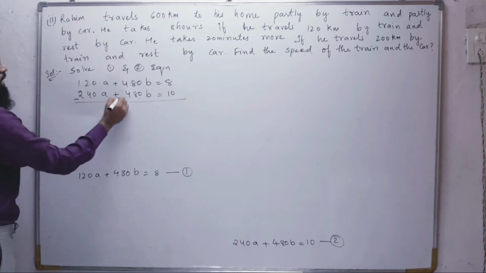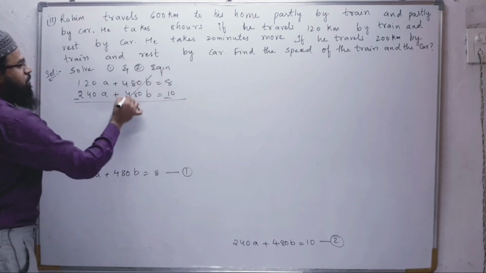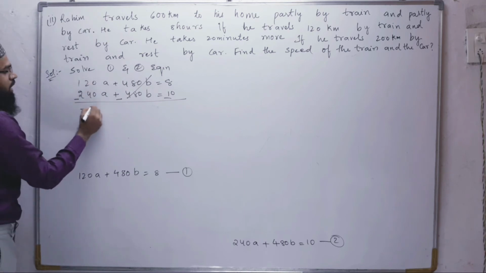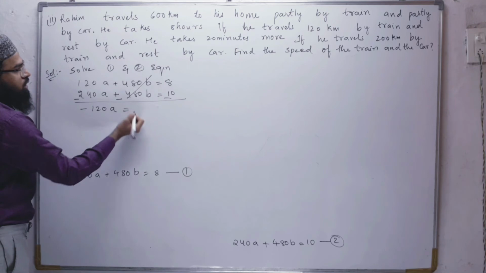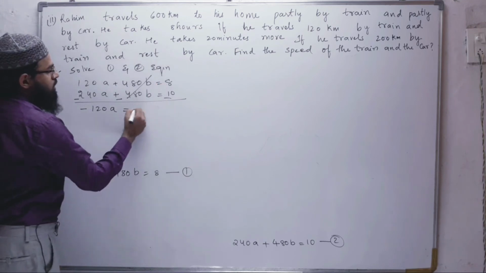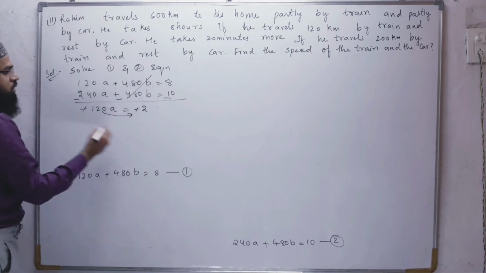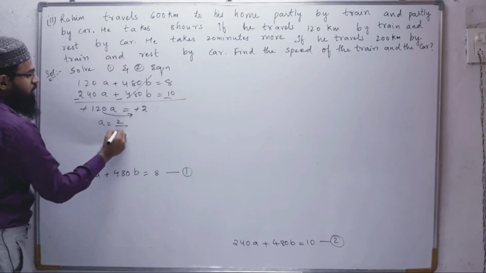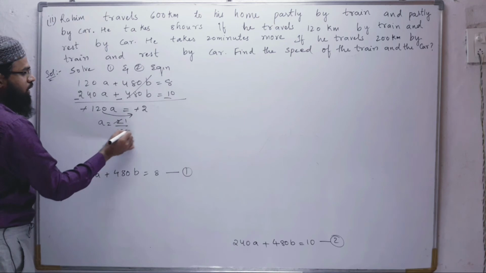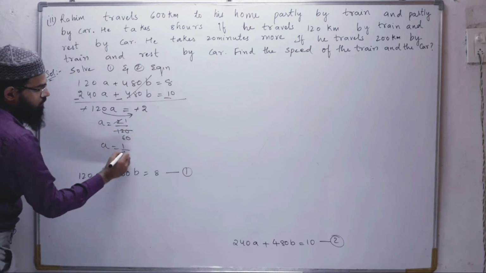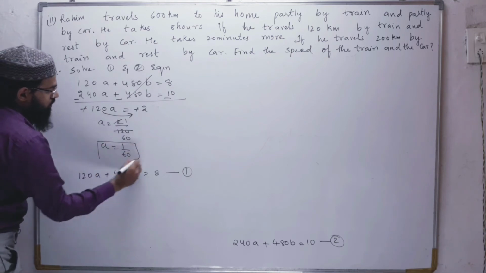Now change the signs: minus, minus, minus. 480b cancels. If we subtract, we get minus 120a is equal to 8 minus 10, which is minus 2. Minus minus cancel. 120 goes down, a is equal to 2 by 120, 2 ones are 2, 2 sixties are 120, so a is equal to 1 by 60.